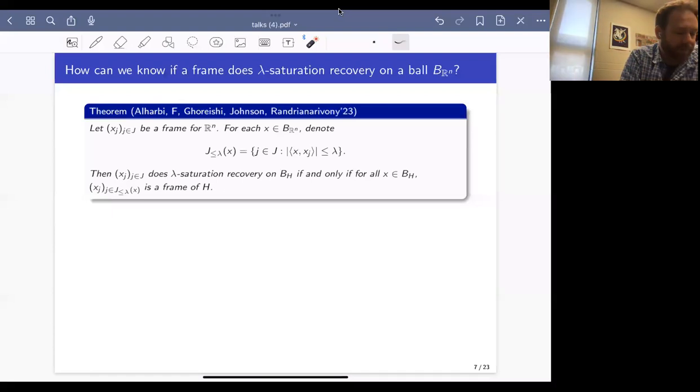And so the absolute value of the frame coefficients are less than or equal to lambda. And then the frame does lambda saturation recovery on the ball if and only if for every vector x in the ball, if we look at the frame vectors corresponding to the unsaturated coordinates, that forms a frame.